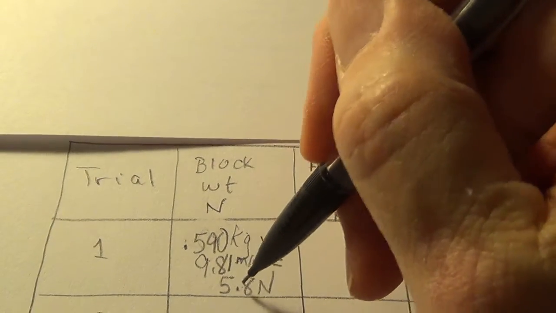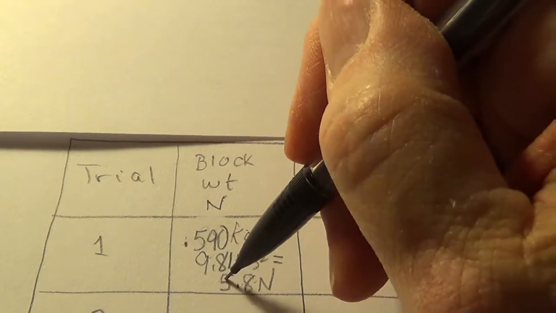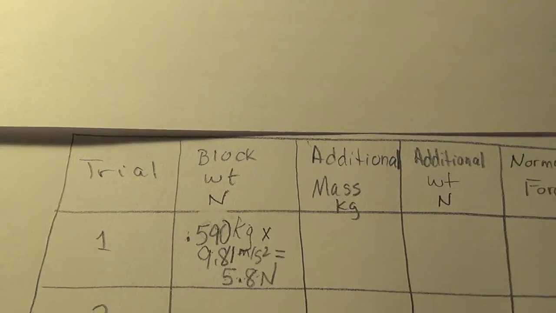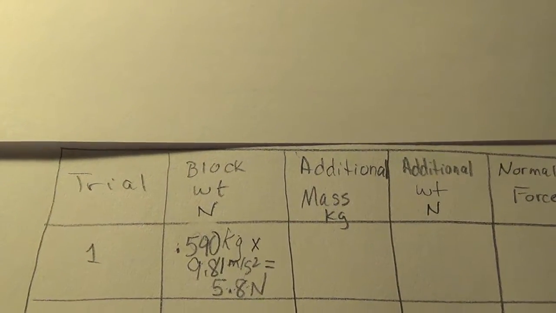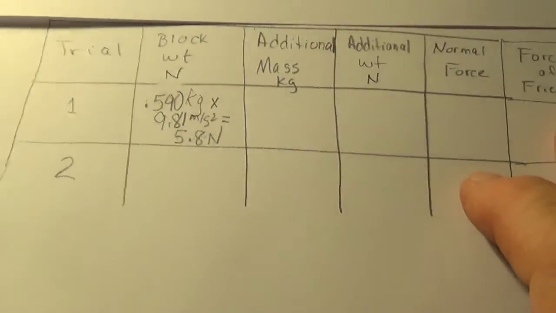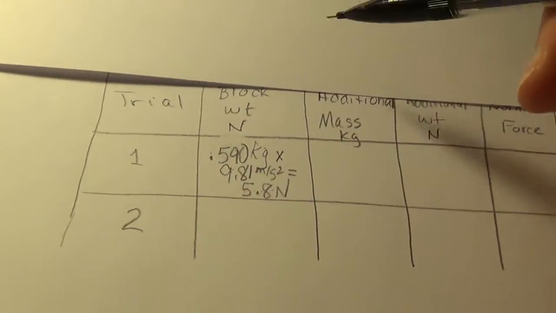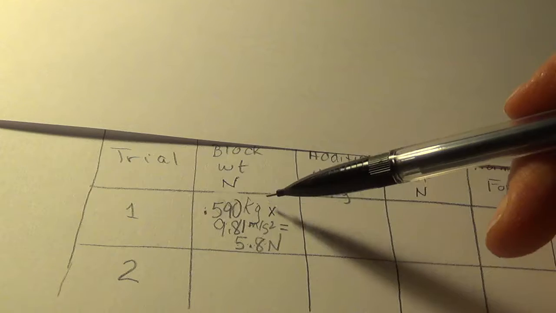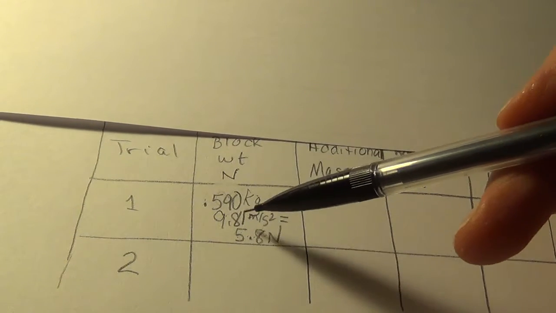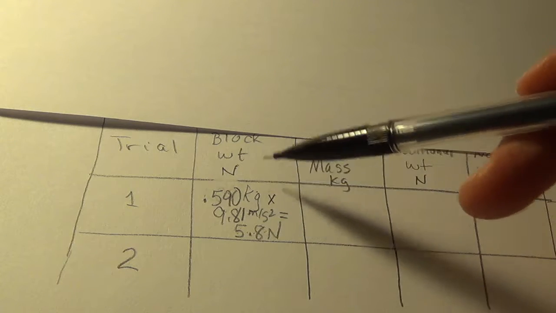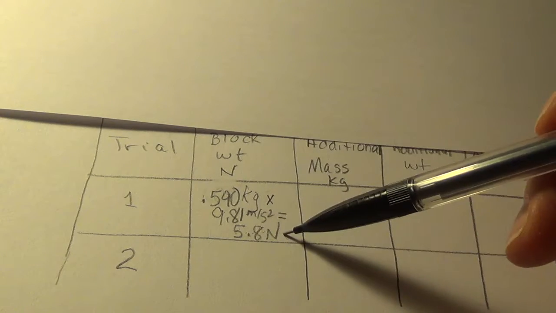So you might be able to add another digit to this. I have 5.8, maybe you have 5.80. You can use 3 sig figs here. So make sure you're thinking about that. So under the block weight, you're going to find the mass on the scale, put it in kilograms and multiply by 9.8 and get some measure of the block weight in newtons.